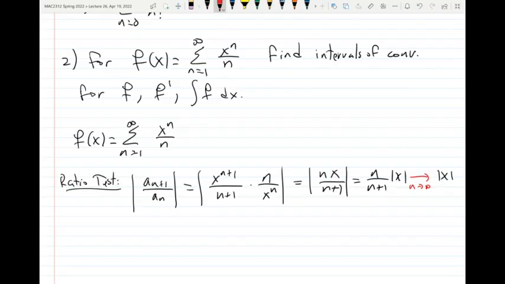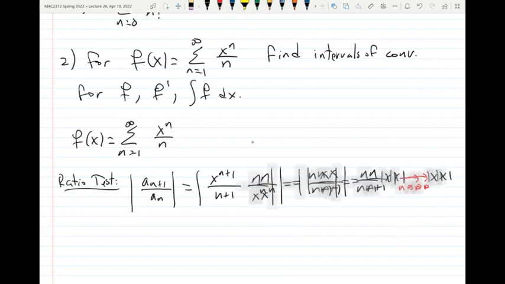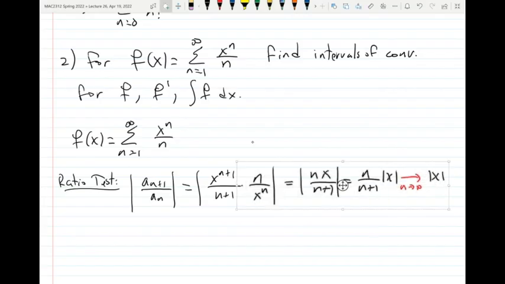So now we declare that we want this to be less than 1 to get convergence.